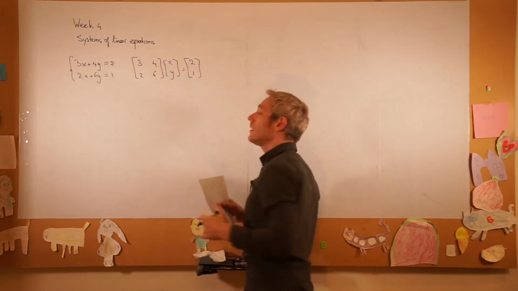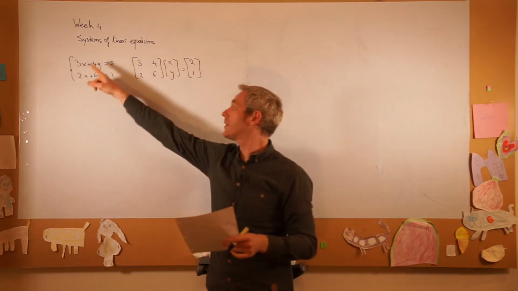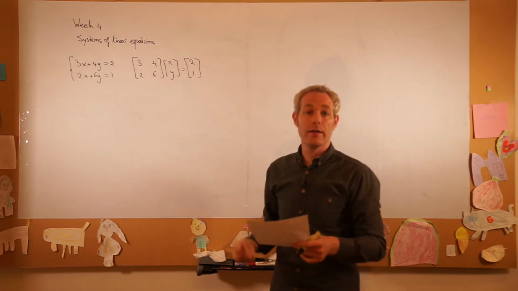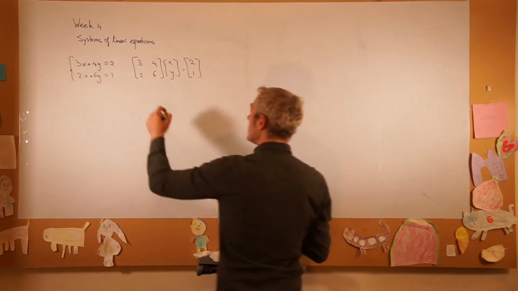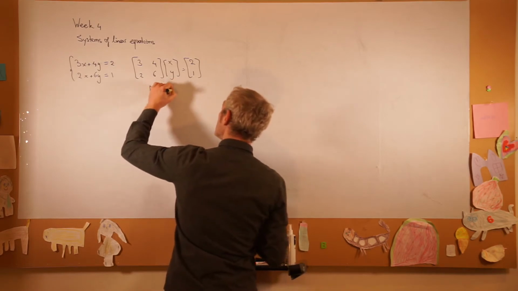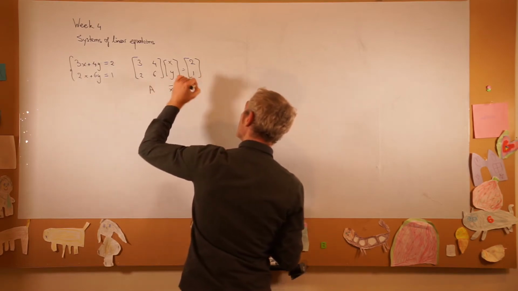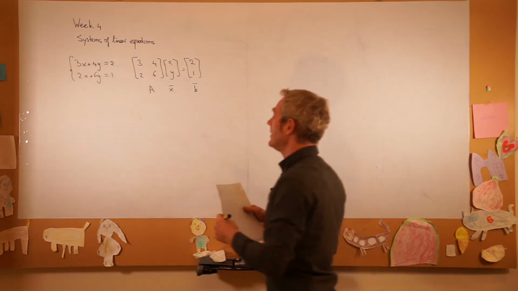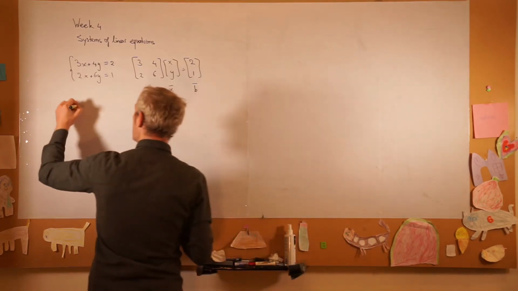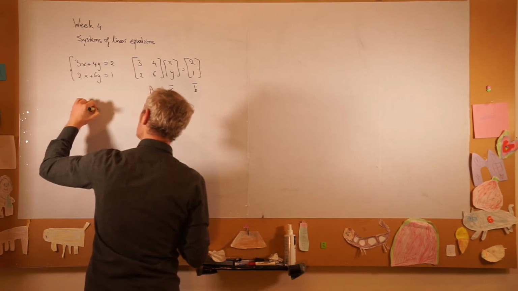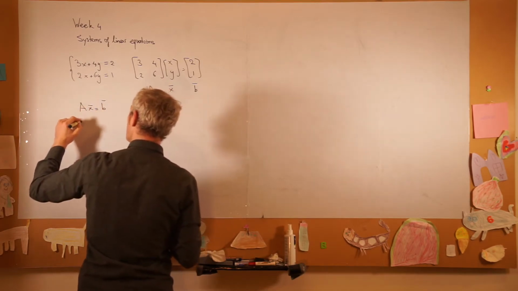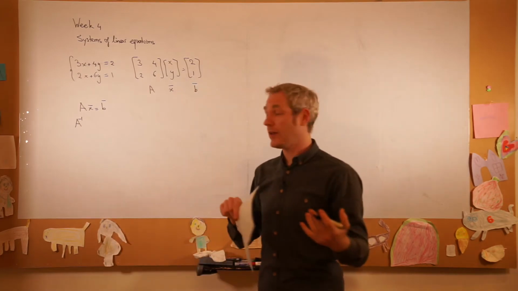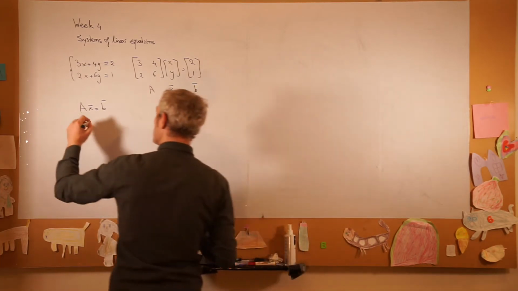So this is nothing other than taking this set of equations and rewriting it in the form of a matrix multiplication, where this will be our matrix A, this will be our vector x, and this will be our vector b. And the idea is that if we have Ax equal to b, we can take the inverse and multiply it on the left side and the right hand side of this equation.